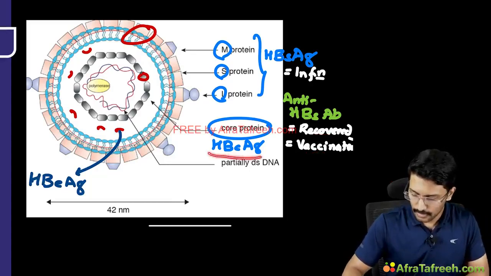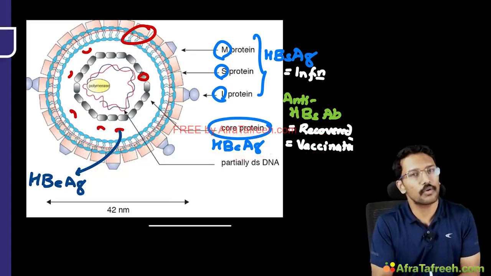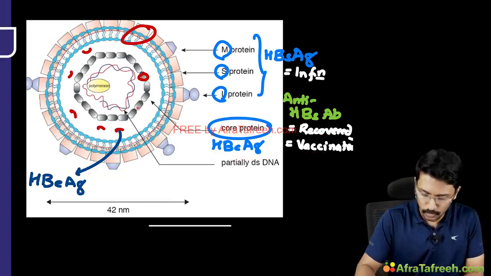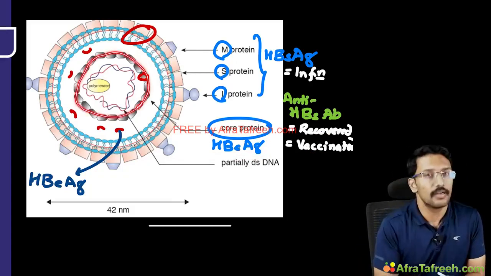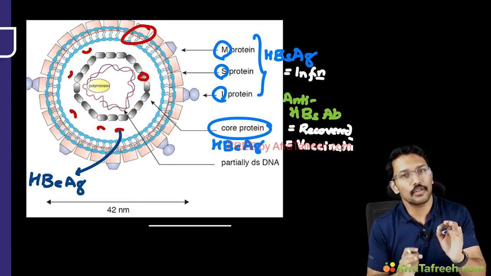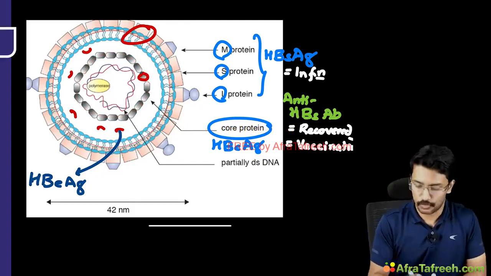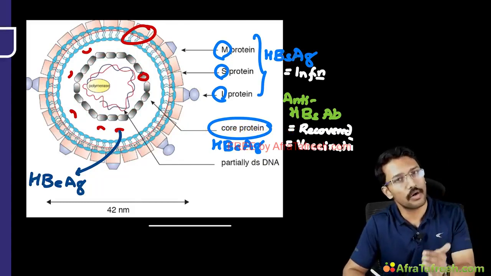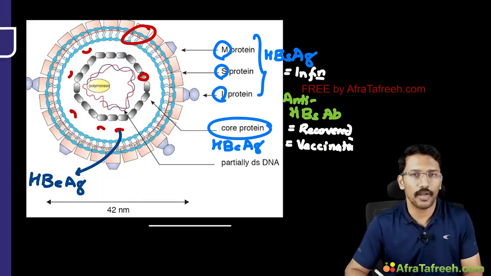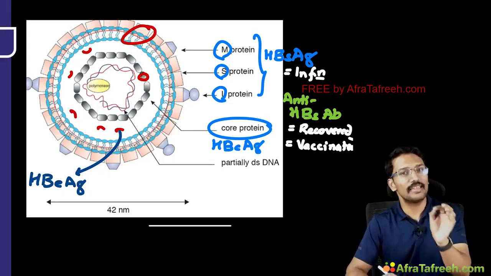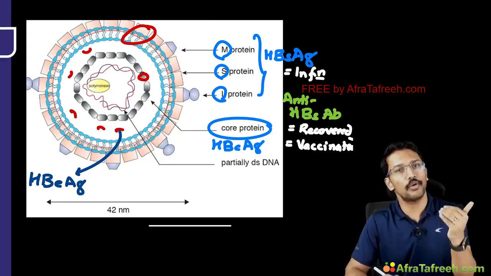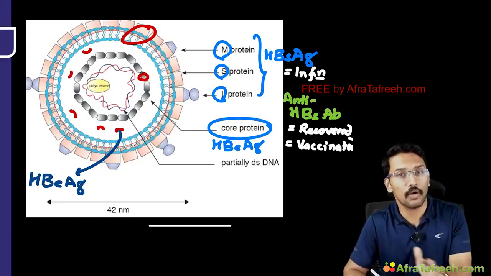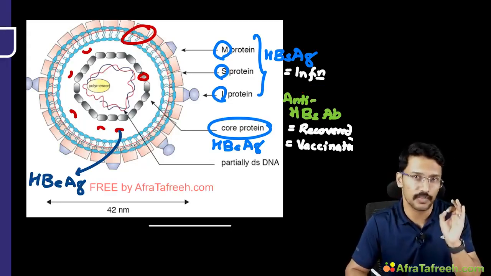Now let us look at the core antigen. Please remember that it is in the core of the hepatitis B virus and is not released freely in circulation. Your surface antigen is released freely in circulation, but not the core antigen. So the clinical evidence stems from the antibody produced against core antigen. We will not be detecting the core antigen in the patient's blood.